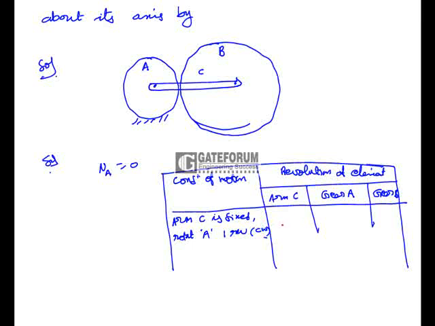Okay, here arm C is fixed so that the revolution of C is 0, and here gear A rotates in clockwise direction, let us say +1, and then gear B rotates with minus TA by TB, the ratio of minus TA by TB.